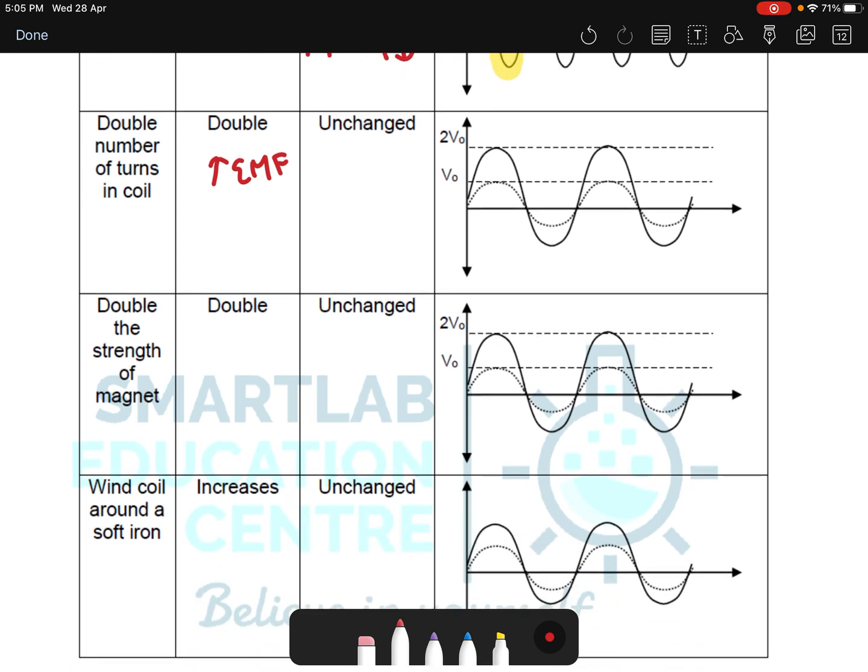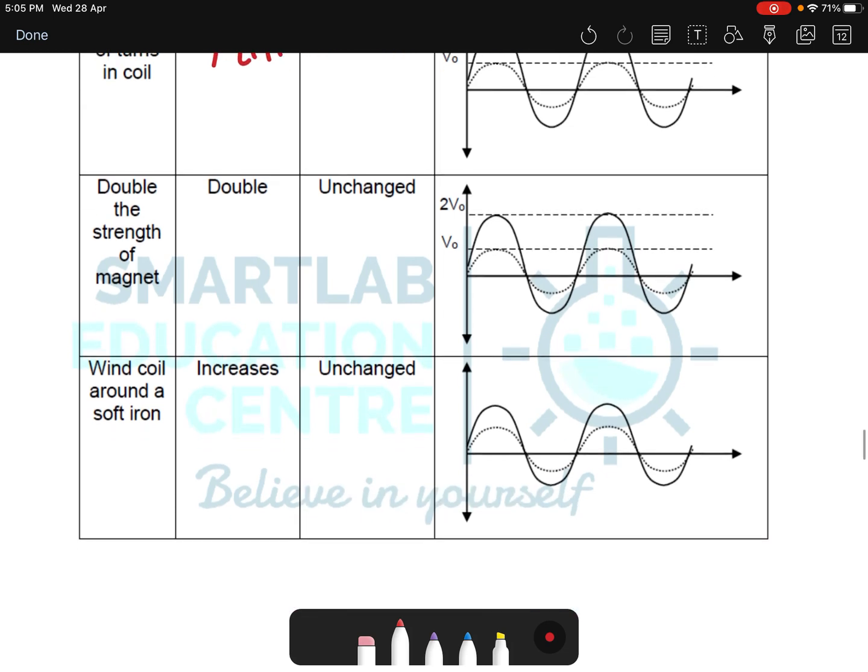Third will be I increase the strength of the magnet. So when I increase the strength of the magnet, definitely the induced EMF will be bigger, but the frequency remains the same. Last but not least, I wind the coil around a soft iron. Remember, soft iron is our soft magnetic material. So this will concentrate your magnetic field and increase the B field strength.